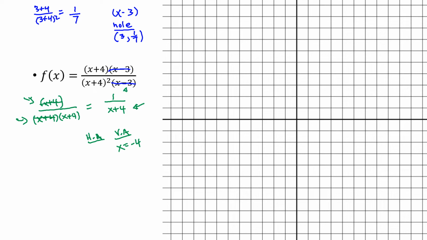The numerator is degree 0, whereas the denominator is degree 1. There is no x in the numerator, but the x in the denominator has a power of 1. So since it's bigger on the bottom, we know that y equals 0 would be our horizontal asymptote.